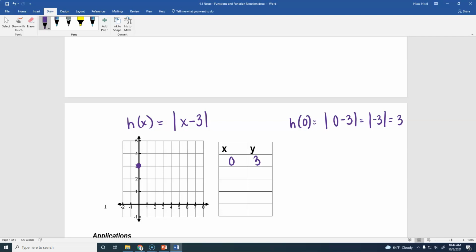That's not right. Yes, it'll be 0. 0 is positive.